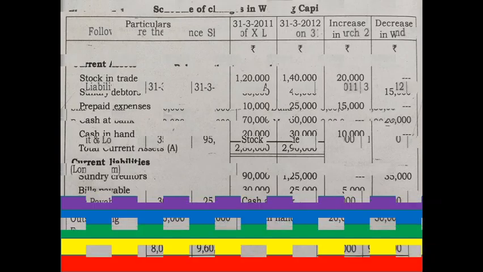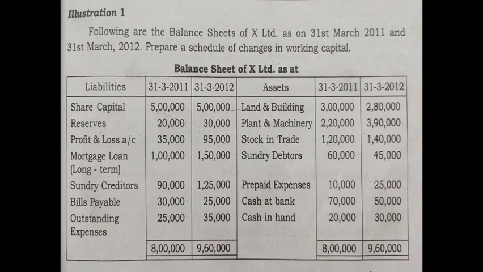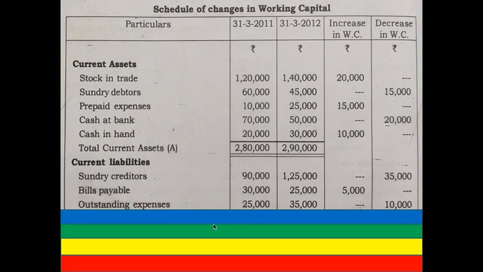So after bills payable, the next item is outstanding expenses. At the beginning 25,000 and in the next year it was 35,000. So outstanding expenses 25,000. In the second year it was 35,000. So there is an increase of 10,000. So when there is an increase in current liability, that will lead to decrease in working capital.